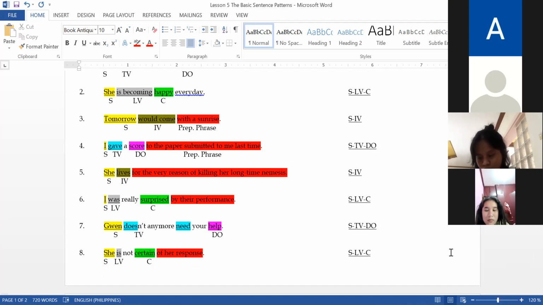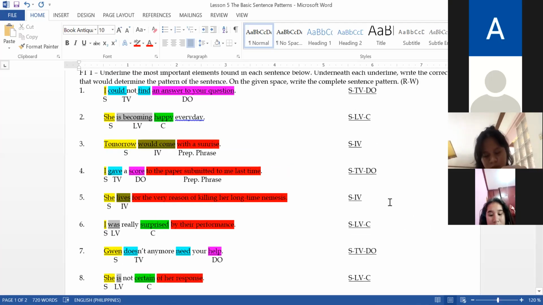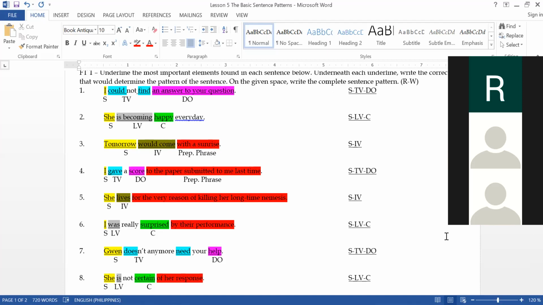Krisha? 7, sir. So, I'm quite particular with those who are a point away from supposedly getting a perfect score. Krisha, which number did you get wrongly? Number 1. I answered SLV. Again, sorry. What's your answer for number 1? SLVC. But the thing there is the person I cannot be that answer. Nor can the answer be the person I. So we cannot have an SLVC pattern there.